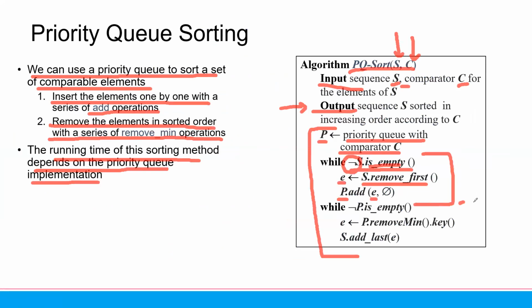After we finish the loop, we go back to S: while P is not empty, I remove the minimum, take the key and put it into E, and then E will be added to the last of S.